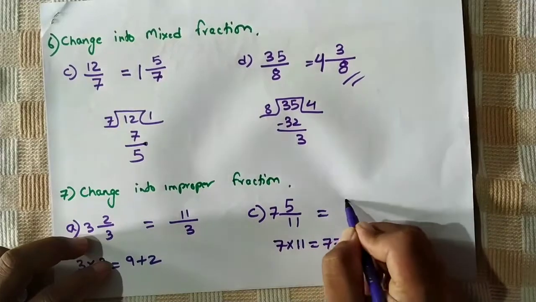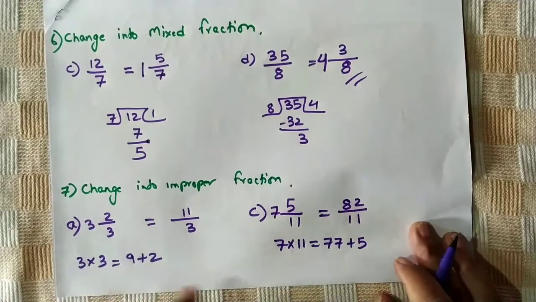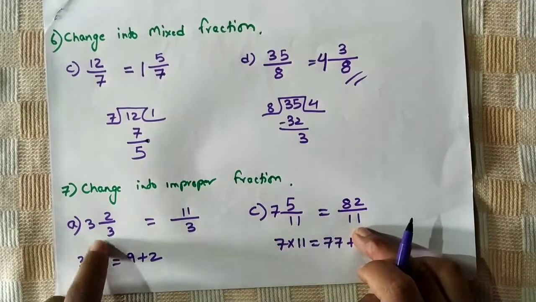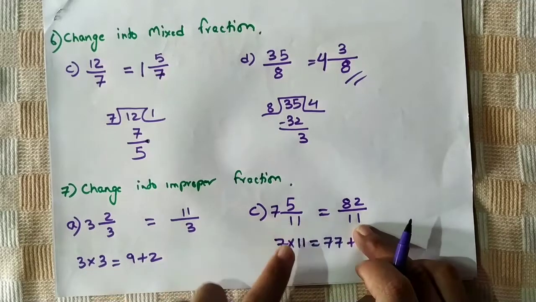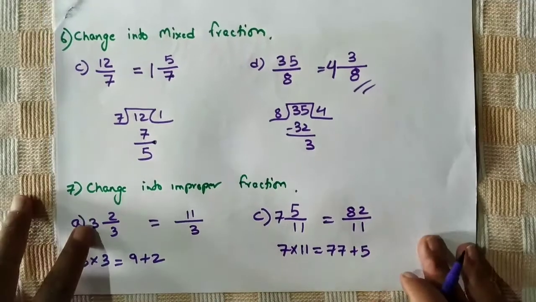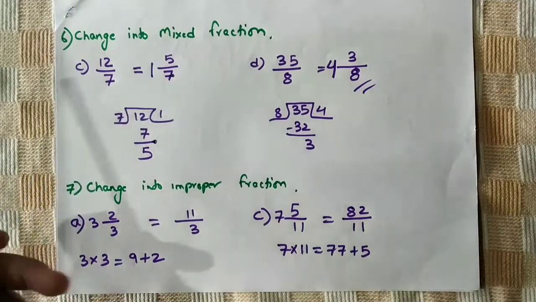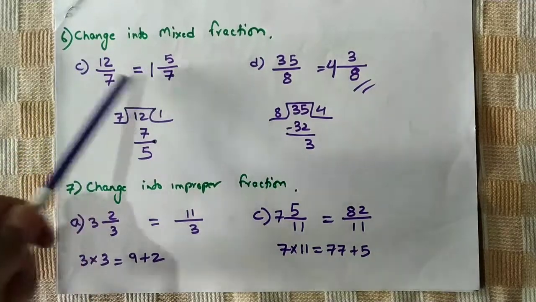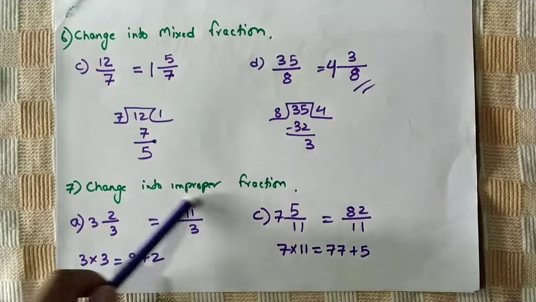So therefore the answer is 82 by 11. Please remember, over here the denominator will always be same. Over here 3 is 3, and 11 has not changed. Okay, the denominator will always be same. So this is how you can change improper fractions into mixed fractions, and you can change mixed fractions into improper fractions.